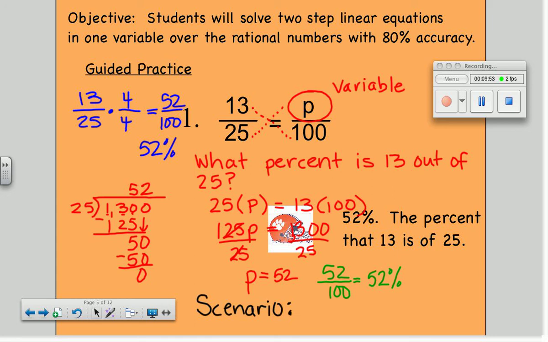A scenario might be something like, if I took a test with 25 questions on it and I got 13 right, my grade would be 52%. That's one scenario. I want you to write a scenario as well, and I will check your notes to make sure you have these written on each problem. Now let's move on to the next one. You can pause this while you're writing your scenario.